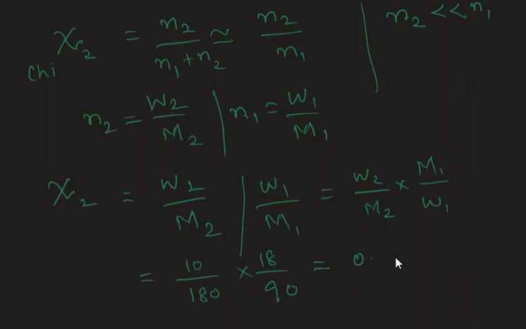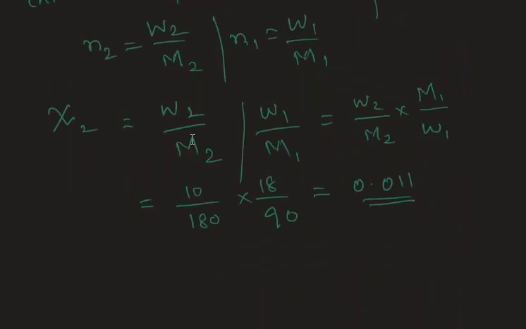So this is 0.011. So what is the mole fraction? The mole fraction is 0.011. Okay. So mole fraction does not have unit because everything is cancelled here. So it's only a number, 0.011. Do you understand?